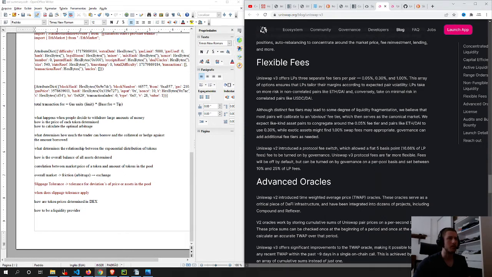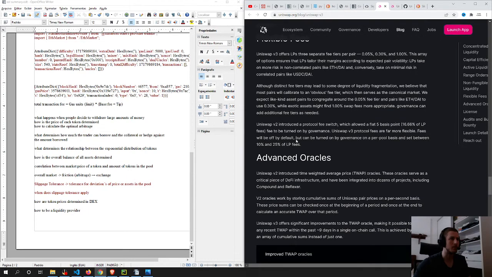Uniswap v3 offers LPs 3 separate fee tiers per pair: 0.05%, 0.3%, and 1%. This array of options ensures that LPs tailor their margins according to expected pair volatility. LPs take on more risk in non-correlated pairs like ETH/DAI, and conversely take on minimum risk in correlated pairs like USDC/DAI.